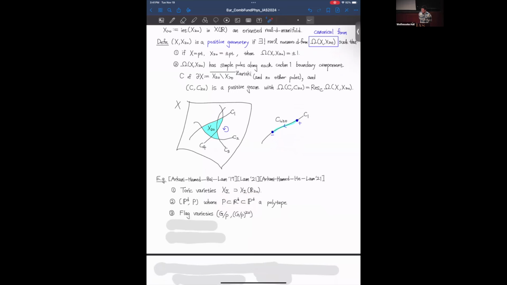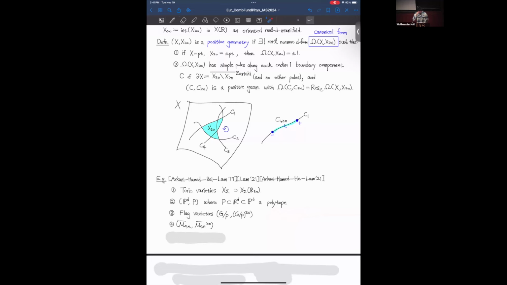Another one that I think we saw in the previous talk, although not mentioned explicitly in this way, is if I take a flag variety, G mod P, for instance, something like Grassmannian, I guess 2n was among the focus of the last talk, and look at the positive or non-negative portion. Those define a positive geometry.